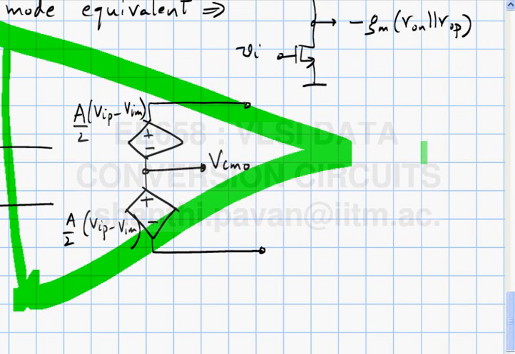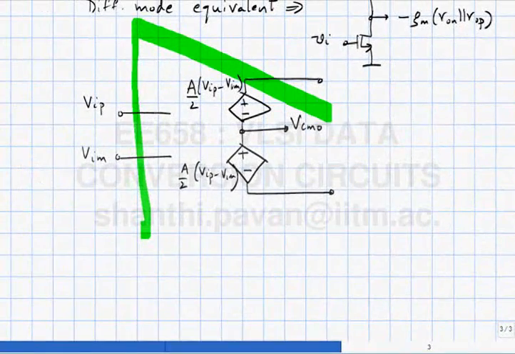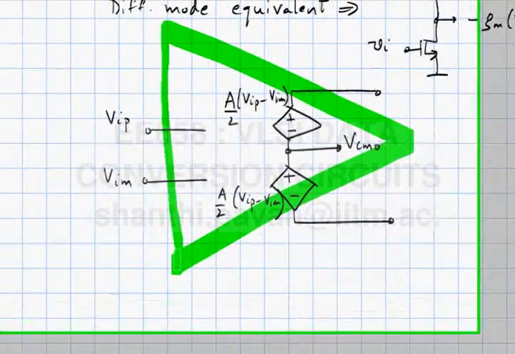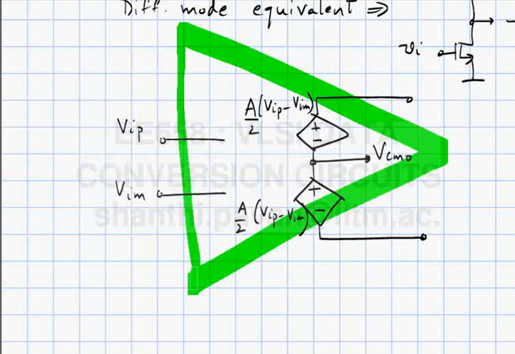But in both cases, the common mode output impedance is, what is the output impedance for common mode signals here? This is your op-amp. This is VOP, this is VOM. So what is the common mode output impedance? 0. And what is the common mode output level?